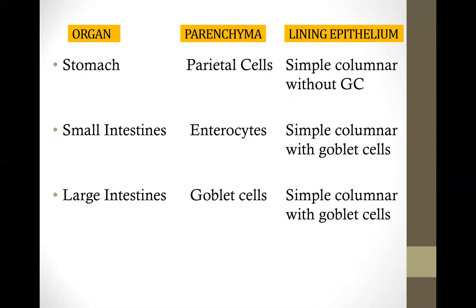For the lining epithelium, they're all the same except for that stomach na without goblet cells sila. The lining epithelium of both small intestine and large intestine, please take note, dapat merong goblet cells sa lining epithelium. Is that clear? Okay, so that ends the lecture on the histology of the gastrointestinal tract.